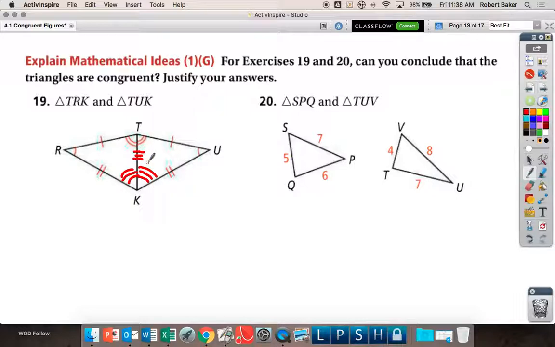Do I have everything marked? Yes. What about this guy? Oh wait. No. Look. 7 and 7, those are congruent. But the other ones, so they're not. They're just 2 different random triangles.